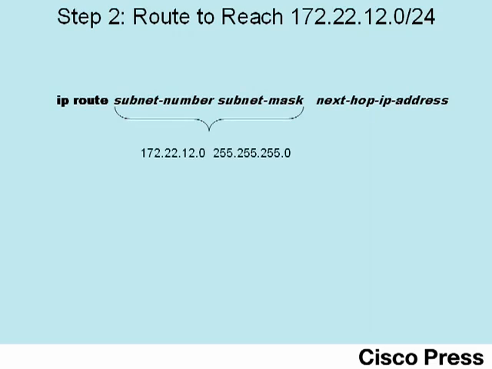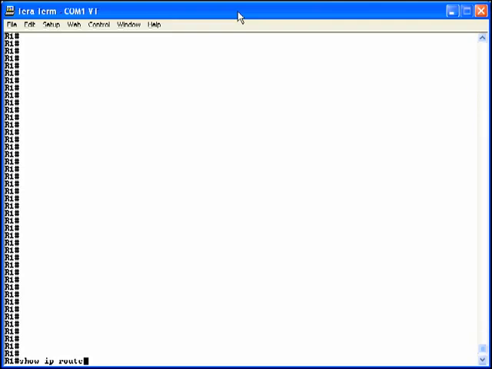In this case, we'll plug in subnet 12, or more specifically 172.22.12.0 with a mask of 255.255.255.0, which is the subnet on the right where PC2 resides. Then we'll point to the next hop IP address. From router 1's perspective, that's router 2's IP address on a common subnet. In this case, we'll point to 172.22.112.2, which is router 2's serial IP address.